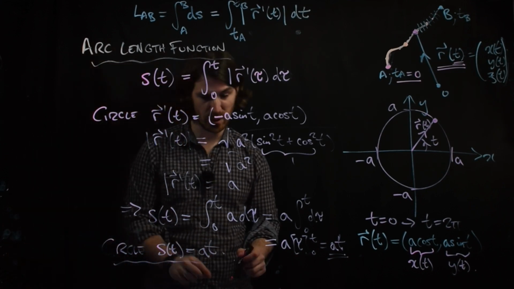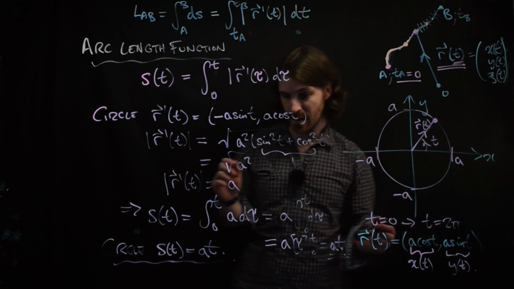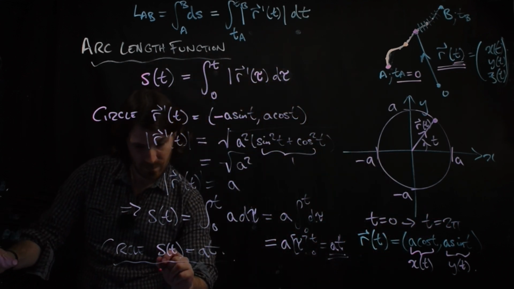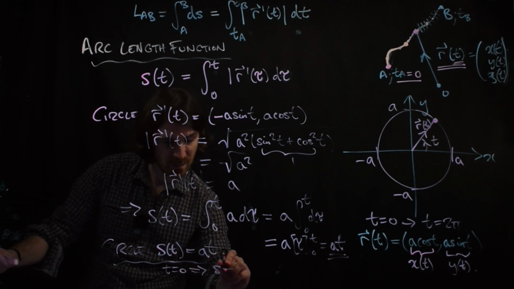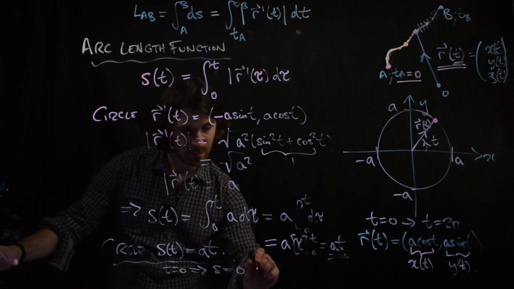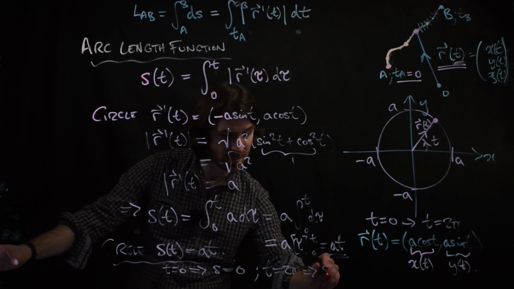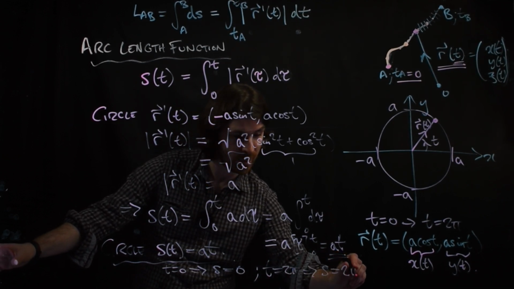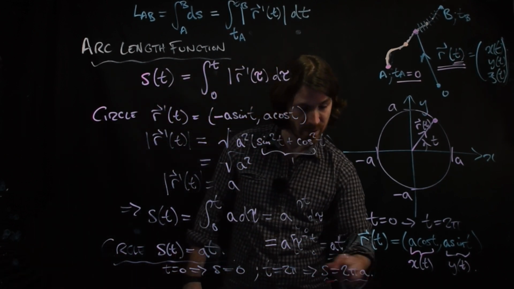Okay, and we can think about the circle. If we go from t equals 0 to t equals 2 pi, t equals 0 implies s equals 0, and t equals 2 pi implies s equals 2 pi a. Okay, and what is 2 pi times the radius?